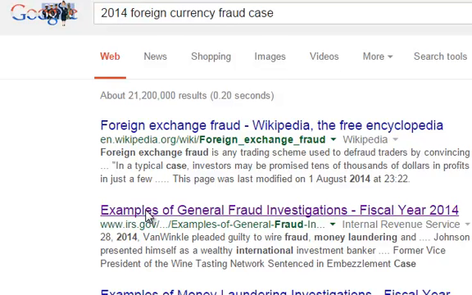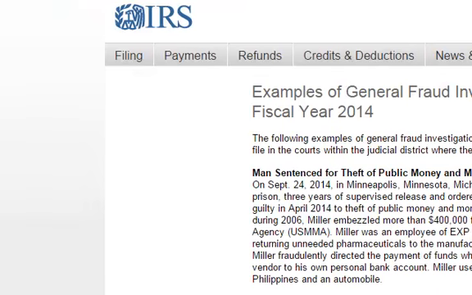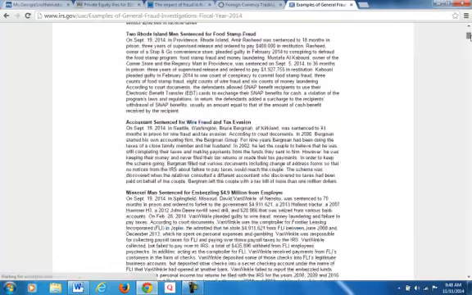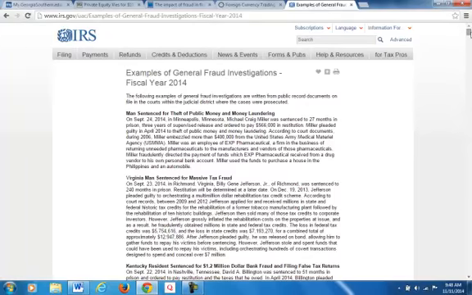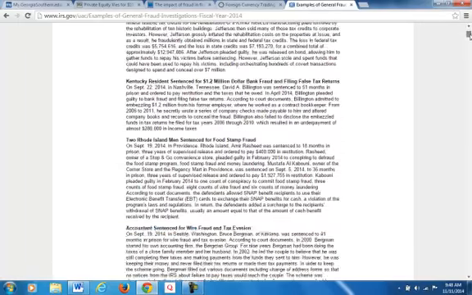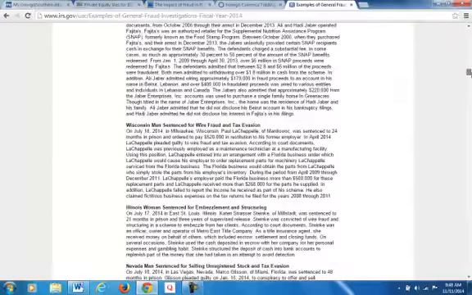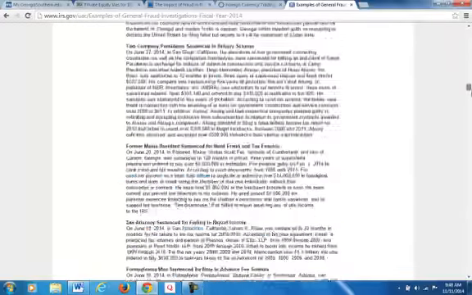I'm selecting the irs.gov website because it's a reputable website. And there are several cases of foreign currency fraud and tax evasion listed on the page.